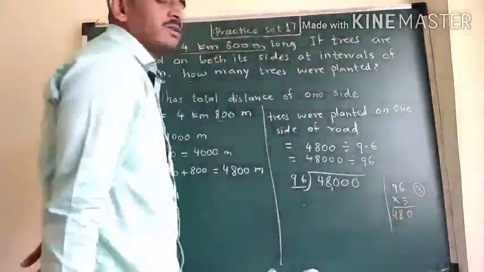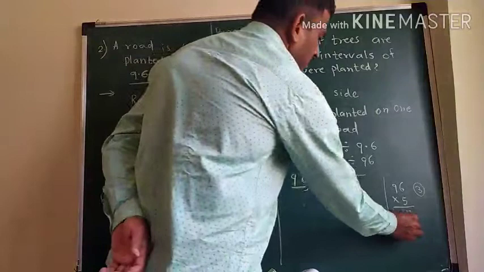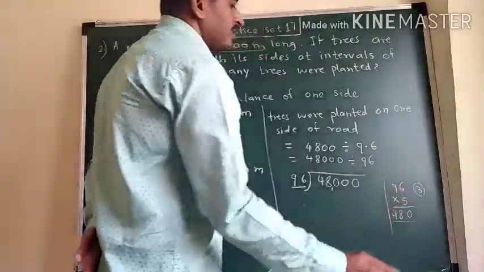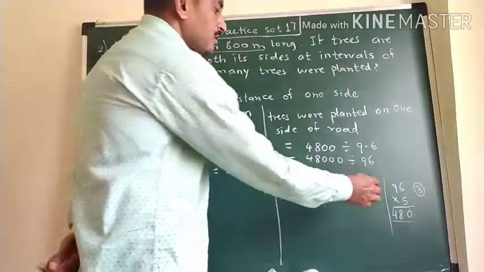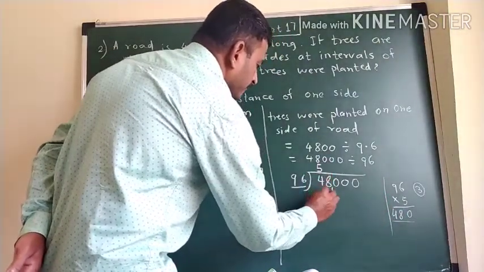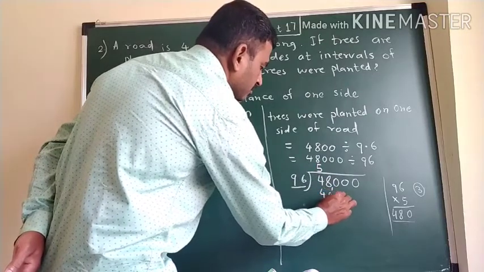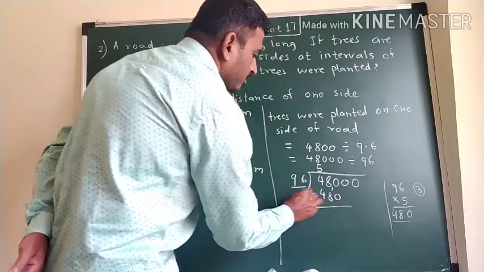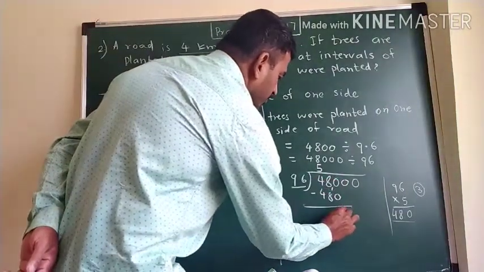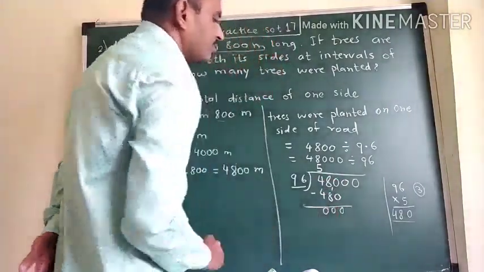So we get the answer 480 when we multiply this 96 by 5, means 96 5s are 480. So here we can write 5 and here we can write 480. We have to minus that 480 from this 480, we are getting 0.